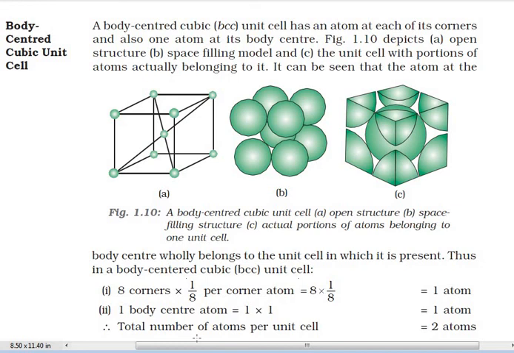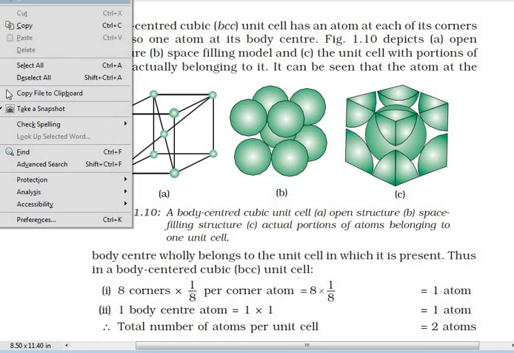So now moving to the next topic, that is the number of atoms present in body-centered cubic unit cell. A body-centered cubic, which is abbreviated as BCC unit cell, has an atom at each of its corners, and one atom is present in the center of the body.